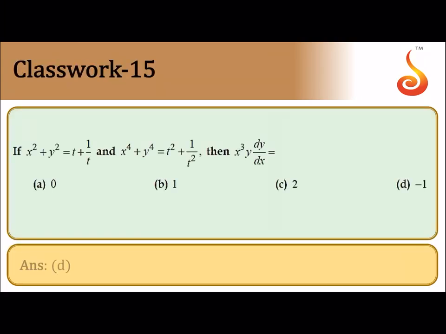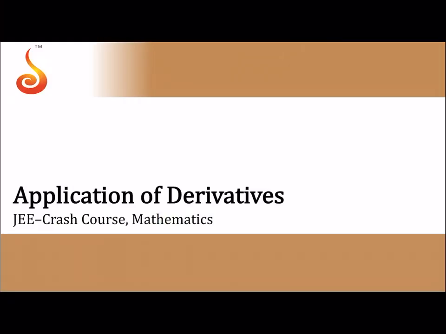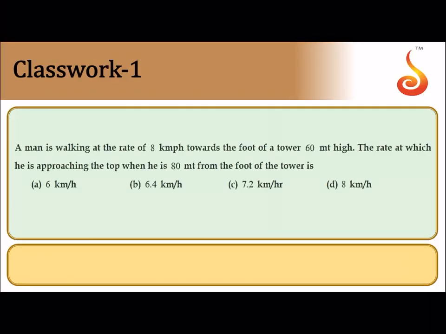So from this what we get? x cube into y dy by dx is equal to minus 1. So option D, minus 1, is correct.